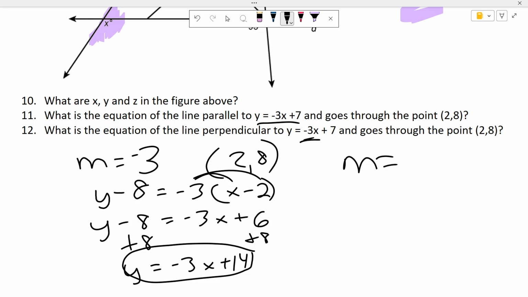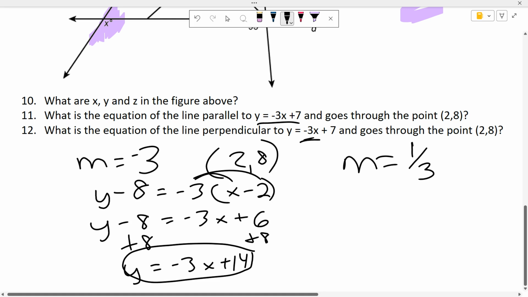Opposite signs, and when you flip over a fraction, it's called the reciprocal. They're opposite reciprocal slopes. What's the opposite reciprocal of -3? Positive 1/3. There's my slope. Here's my point.